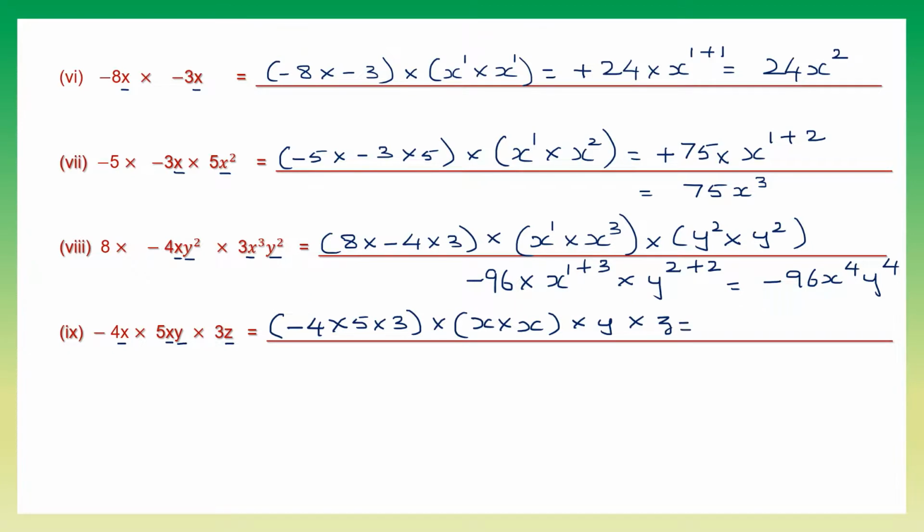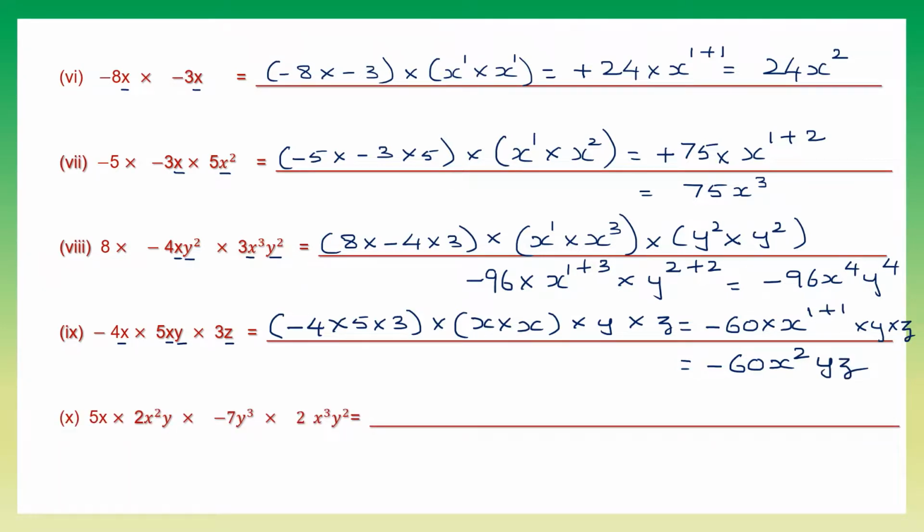So here we have a minus sign. Let's put the minus sign. 4 5s are 20. 20 into 3. 2 3s are 6. So 20 into 3 is 60 into x to the power of 1 plus 1 into y into z. So what do we have here? Minus 60. x to the power of 1 plus 1 is 2. x square y z.